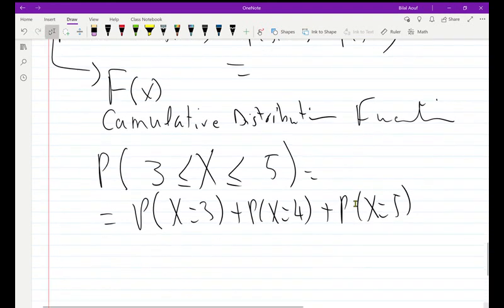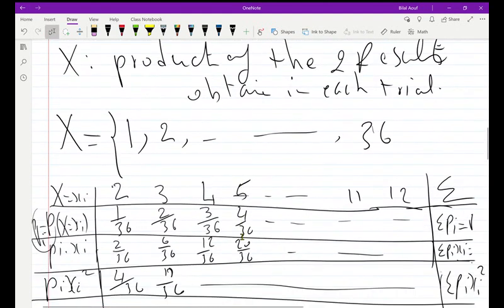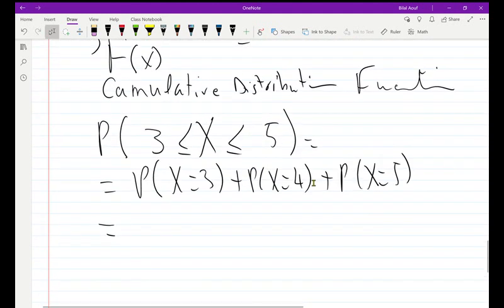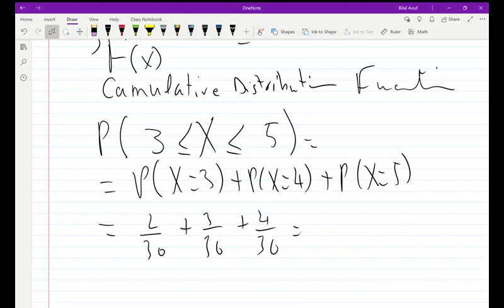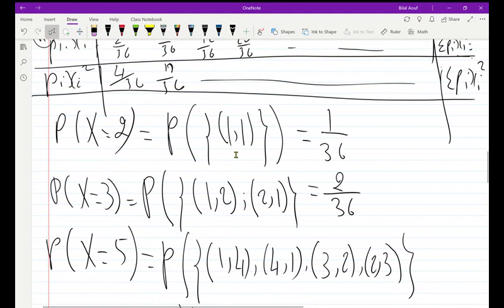I get the answers from the table: 2 over 36 plus 3 over 36 plus 4 over 36, equal to 2 plus 3 is 5, plus 4 is 9 over 36. So I can ask more questions about probability, and all the answers you can find from this table.